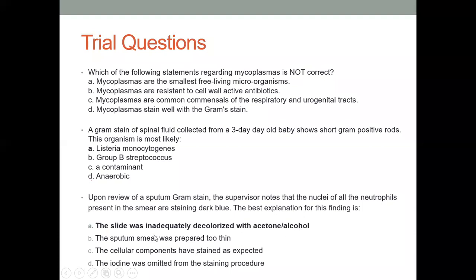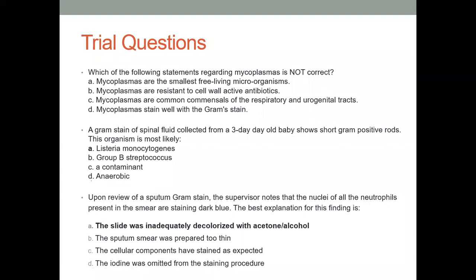The sputum smear was prepared too thin. That is not the answer. The cellular components have stained as expected. That's also not the answer. The iodine was omitted from the staining procedure. That's also not the answer. I hope I explained during the gram staining reaction that you are dealing with neutrophils.